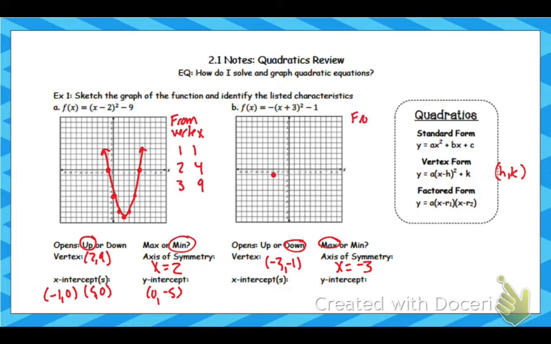So from the vertex, we would go right 1, up 1, right 2, up 4, right 3, up 9. But we're not going to move that exact same way from the vertex because of that negative out in front. So instead, I'm going to go right 1 and down 1, right 2 and down 4, and right 3 and down 9.